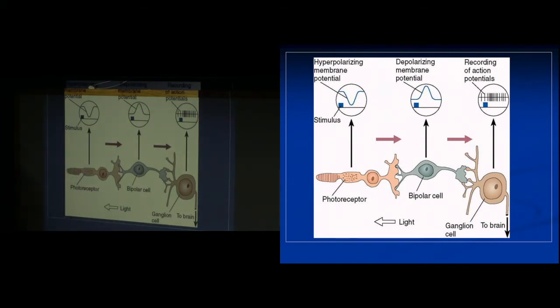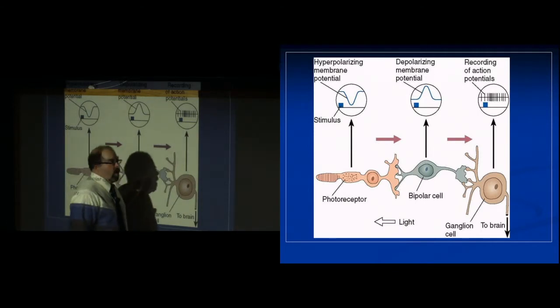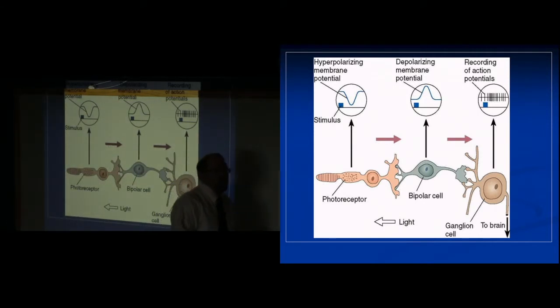Now be able to draw this out, because on an exam I'm going to ask you what would happen if I hyperpolarized the membrane potential of a bipolar cell. It's a good question. What would happen if I hyperpolarize this? What's going to happen to my release of neurotransmitter? It's going to go down, right?